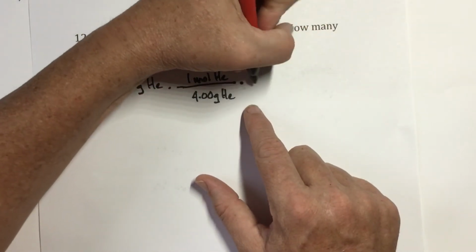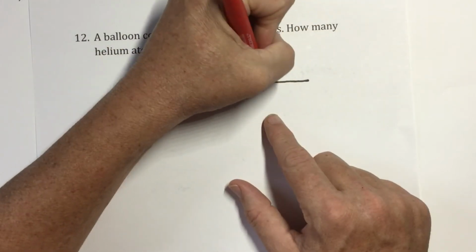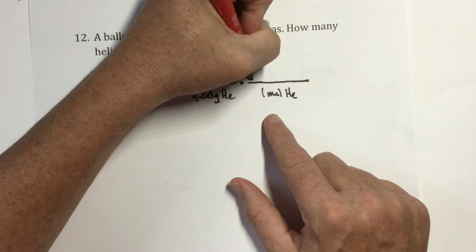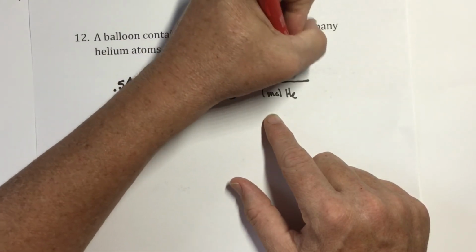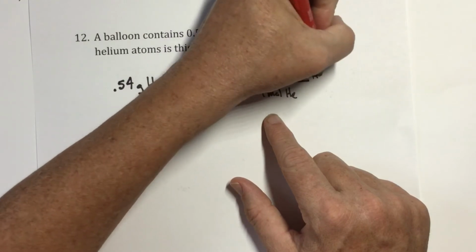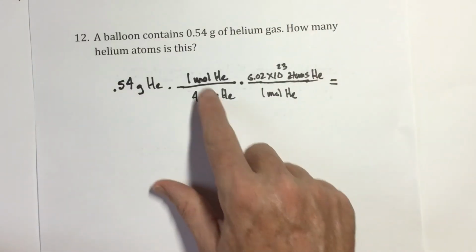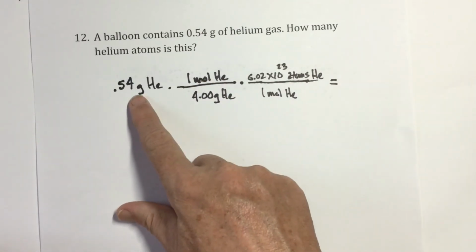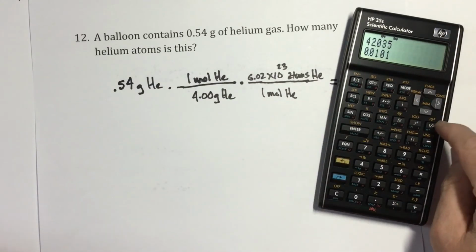Now, once I have it in moles, I further know that 1 mole of helium is 6.02 times 10 to the 23 atoms of helium. So there we go. Grams will cancel out, moles will cancel out. I'll be left with atoms of helium, which is what I want. So again, let your units guide your direction if you're puzzled about which way to go.